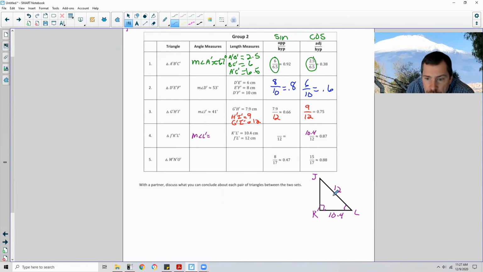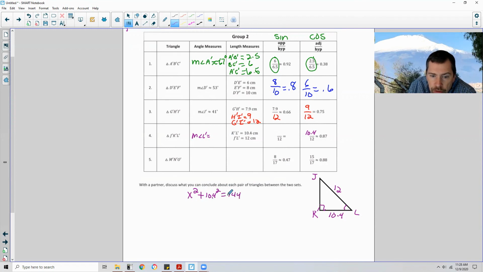So now I have the measure of angle L down here, with KL 10.4 being adjacent, not opposite. And then I'm going to check again. So now do the Pythagorean theorem to find JK. So JK I'll call X squared or A squared, it doesn't matter, plus 10.4 squared equals 144.